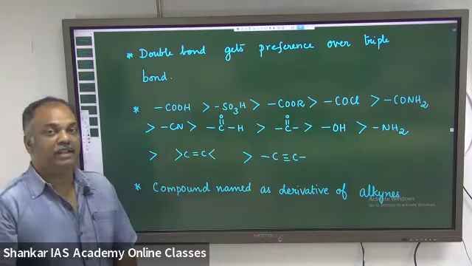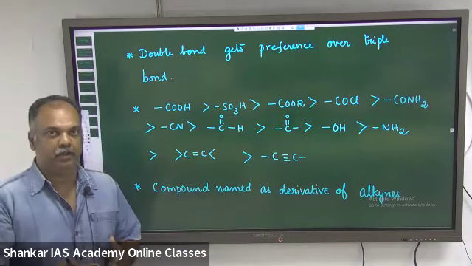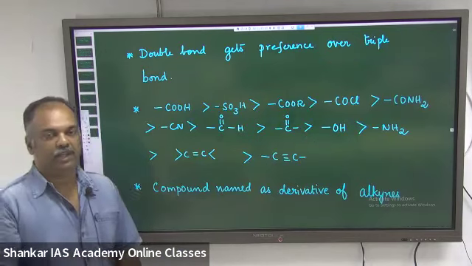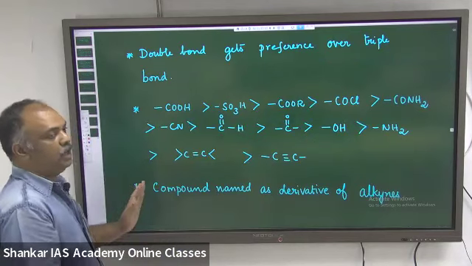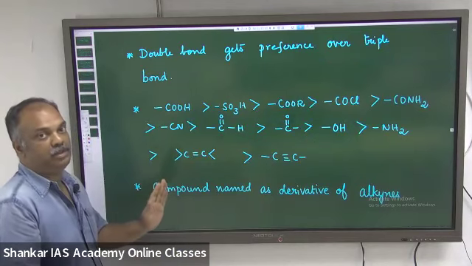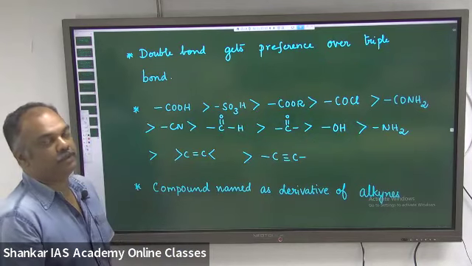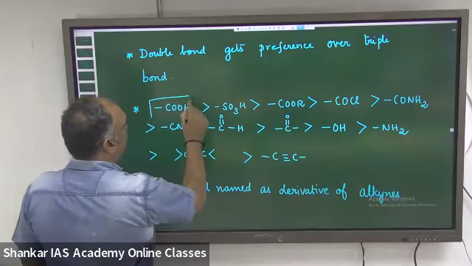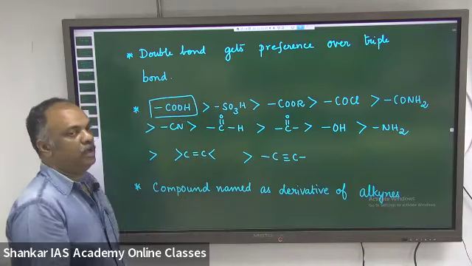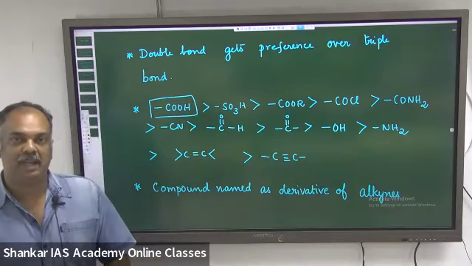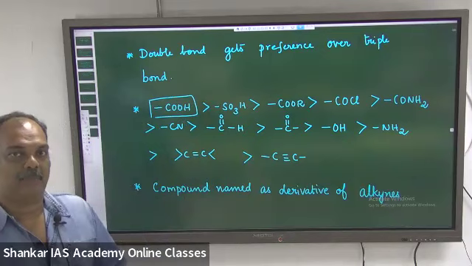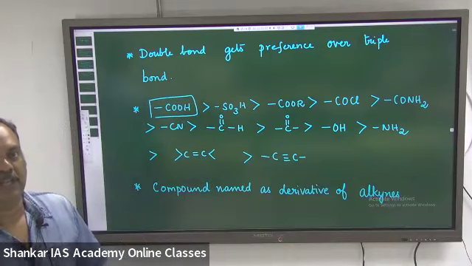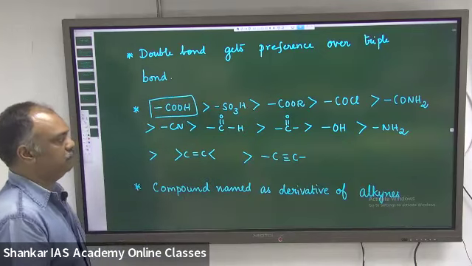Now, when there are more than one functional group, the IUPAC gives you an order. That order is the preference order for functional groups. You will see that the COOH has got the highest preference. So a functional group which has high preference will always come as suffix for the parent alkane chain.